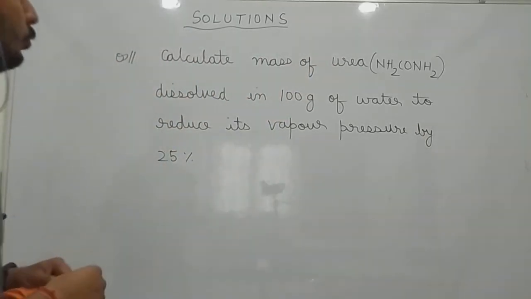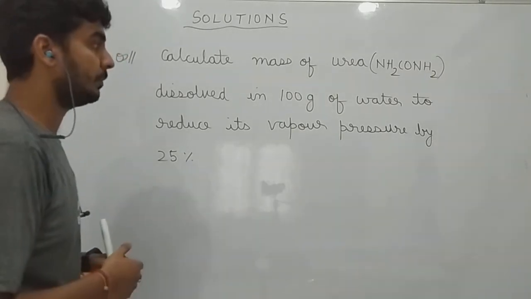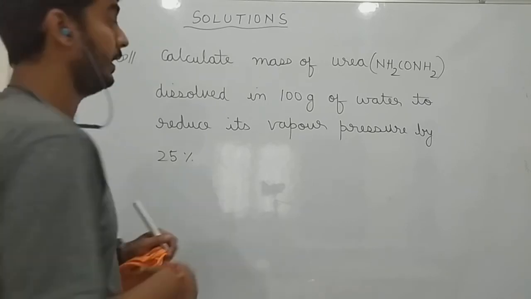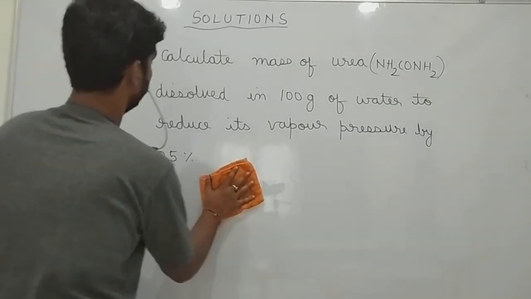So what mass of urea should be dissolved in 100 gram of water to reduce its vapor pressure by 25%? So let us start.